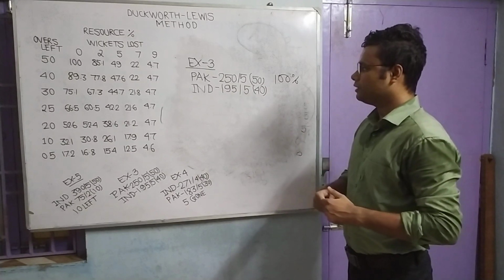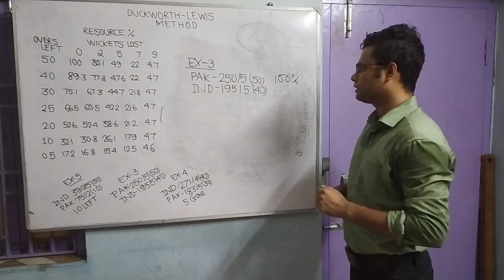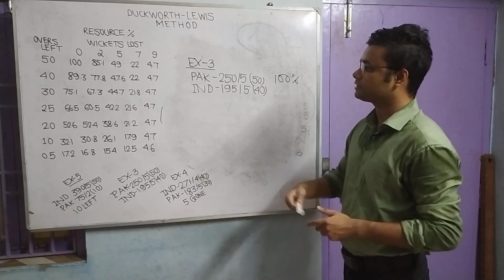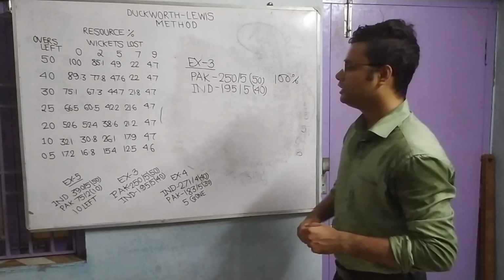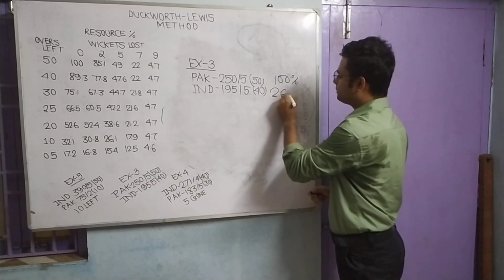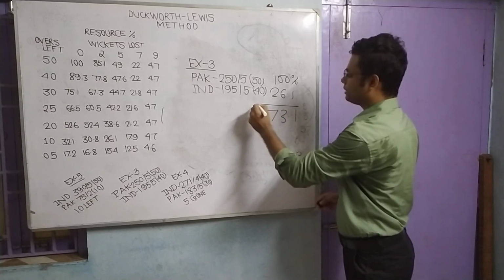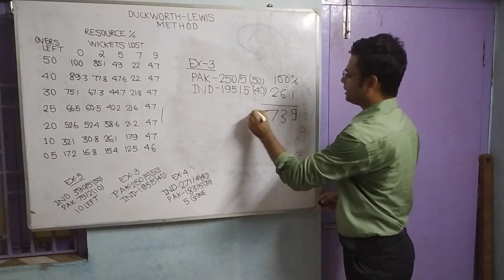India were at 195 for 5 after the completion of 40 overs. With 10 overs left and 5 wickets lost, India have 26.1% resource left. It means they used 100 minus 26.1, that is 73.9.